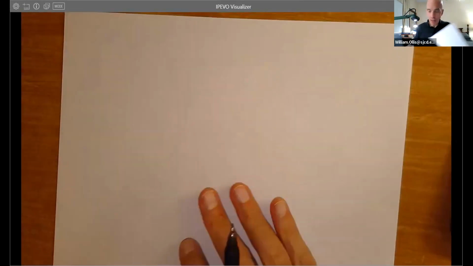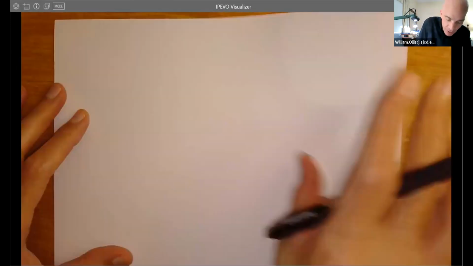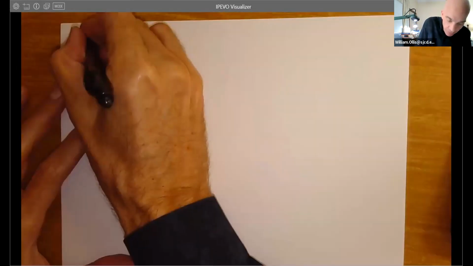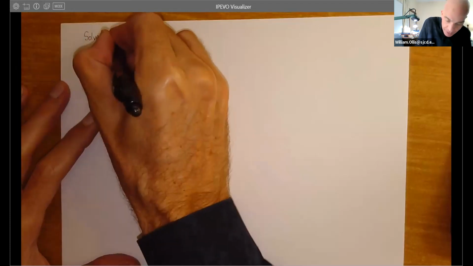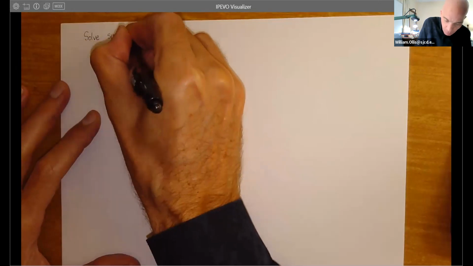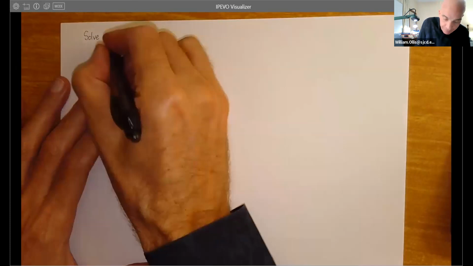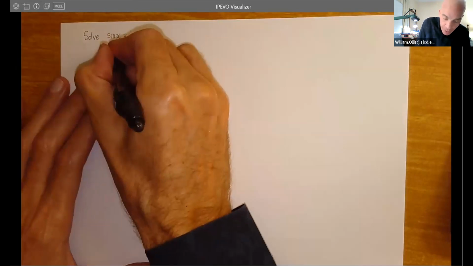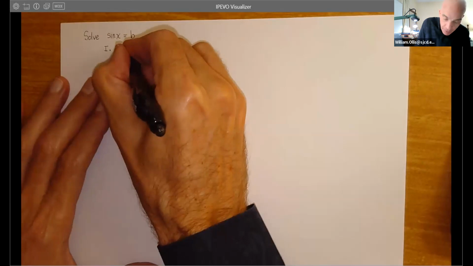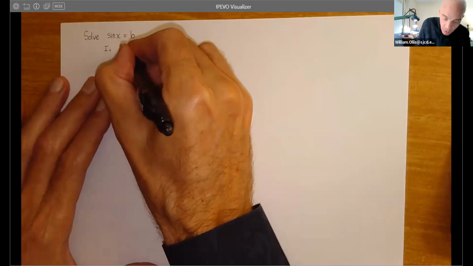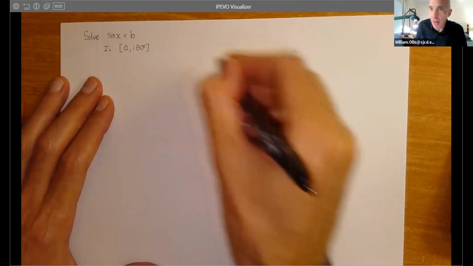So now, if we're going to write this down formally, we'll just say solve sine x equals b. And for the first one, we'll say that we're looking at 0 to 180 degrees, and then of course you can think pi if you want.